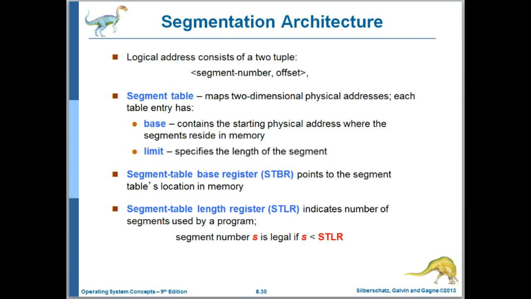And additionally, we need a register that points to the base of the segment table, which would be indexed by the segment number, and also a register that records the length of the segment table, and that will be used to check the segment number. So the segment number should not exceed the length in the length register.